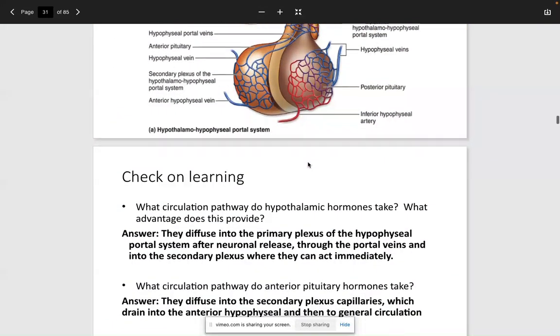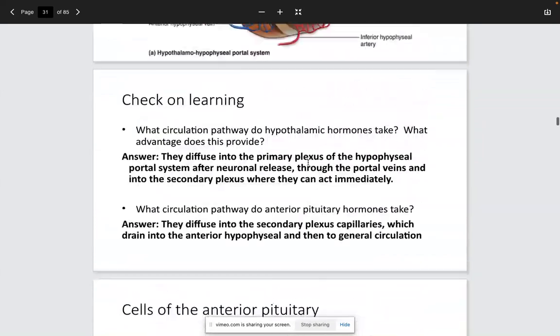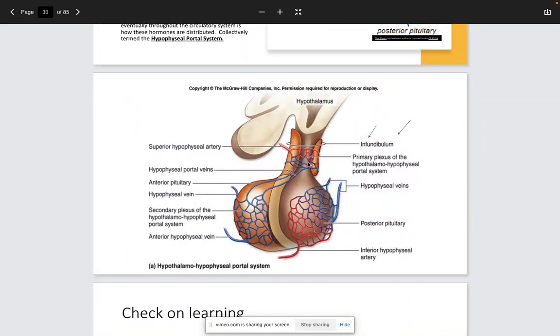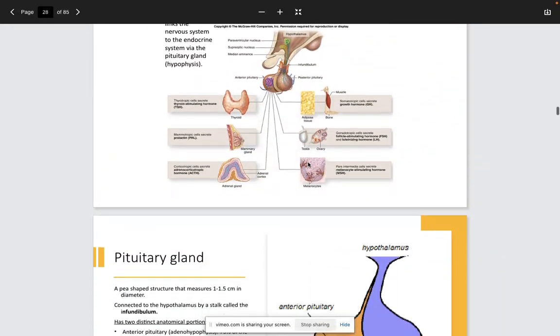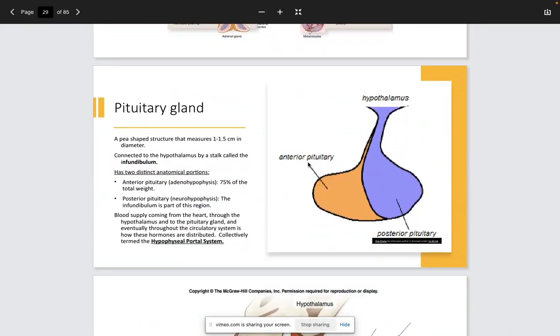Real quick, we will get down here to this picture and then we will break. The pituitary gland, like I previously mentioned, consists of two portions, the anterior pituitary as well as the posterior pituitary. The hypothalamus, remember, is controlling the anterior portion and the posterior portion.